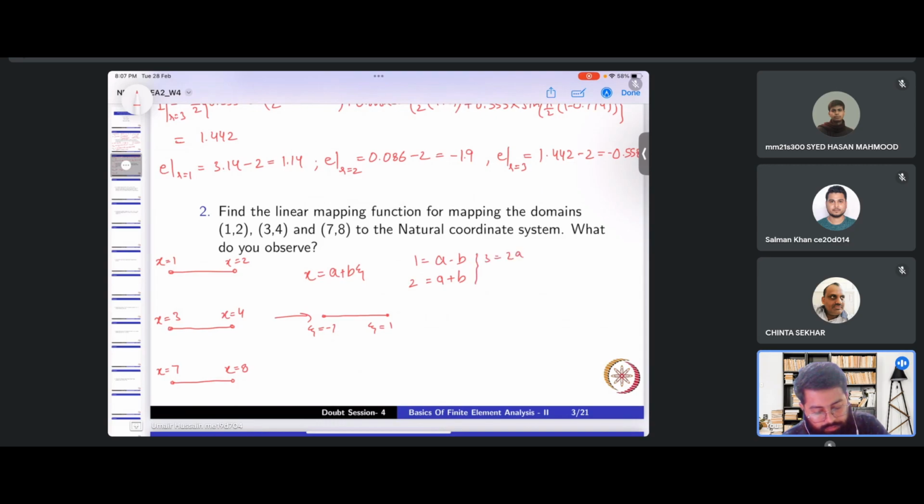So this gives us a equals 3 by 2 and b equals 3 by 2 minus 1, that gives us 1 by 2.